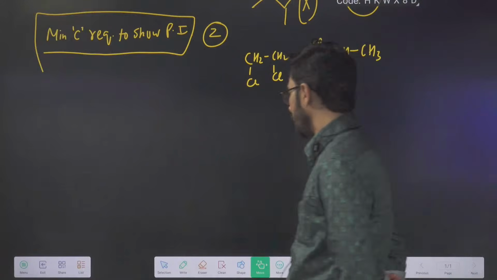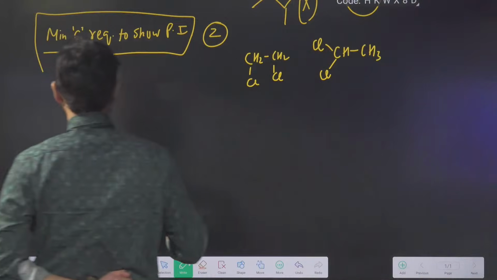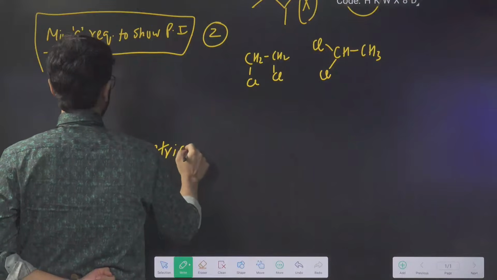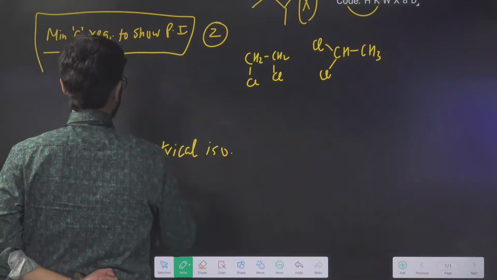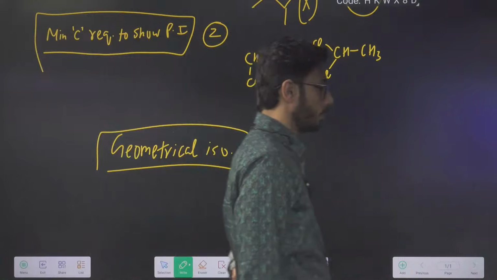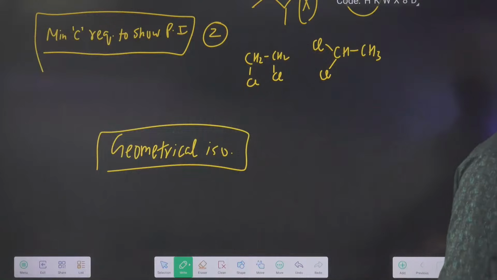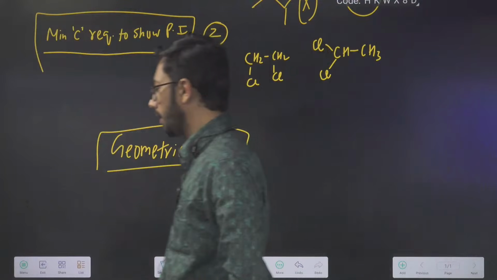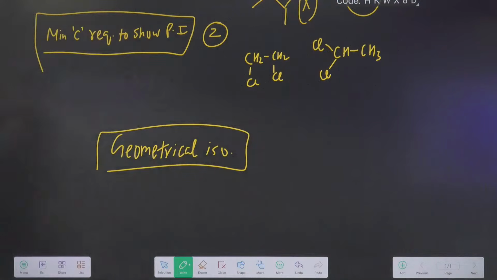Then write geometrical isomerism. Start, brother. Geometrical. Write down the meaning also. Firstly, ready?